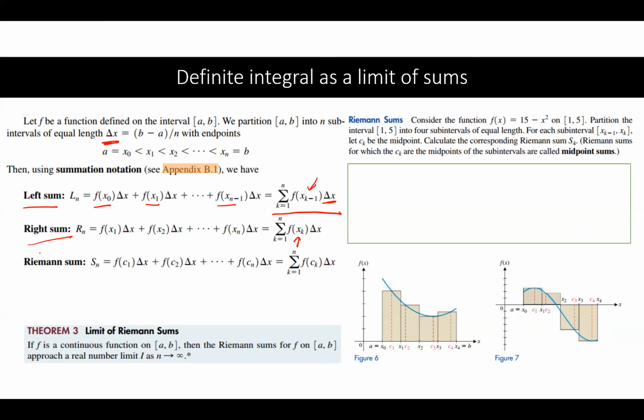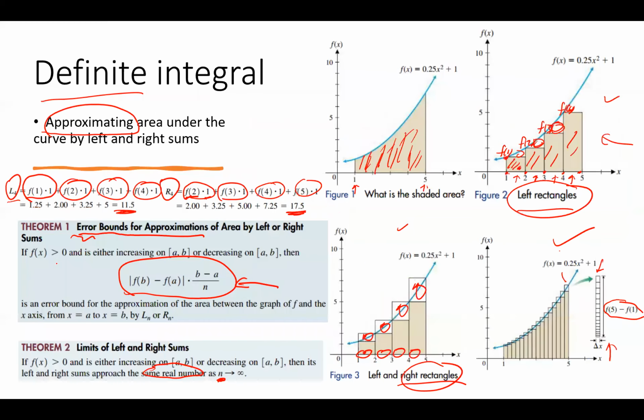Now, what's a Riemann sum? It means that instead of using either the left point or the right point, so what do I mean by left point, right point? For the height of the rectangle, we're using either this point or this point. If we use this point, then it's going to be this one to approximate.